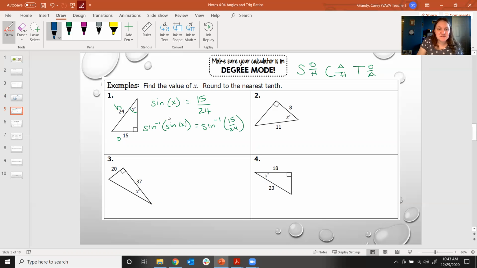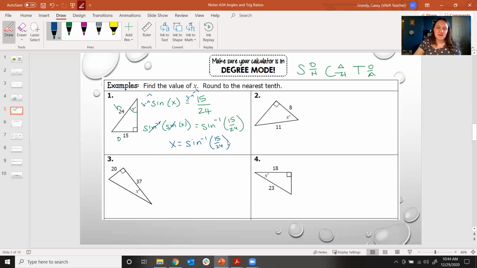So what I've done is I've just taken the sine inverse of the left side and the sine inverse of the right side. Remember that golden rule of algebra that says whatever you do to one side, you have to do to the other. And now what I can do is cancel out my sines. So now I have X equals the sine inverse of 15 over 24.